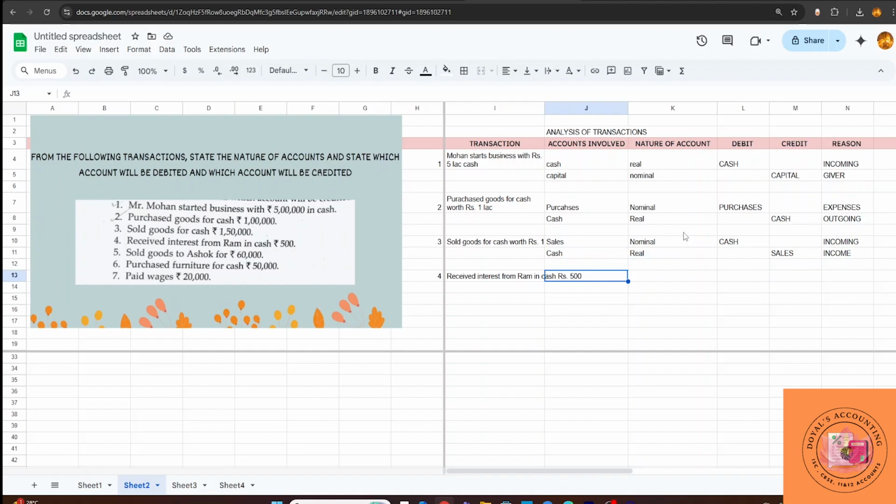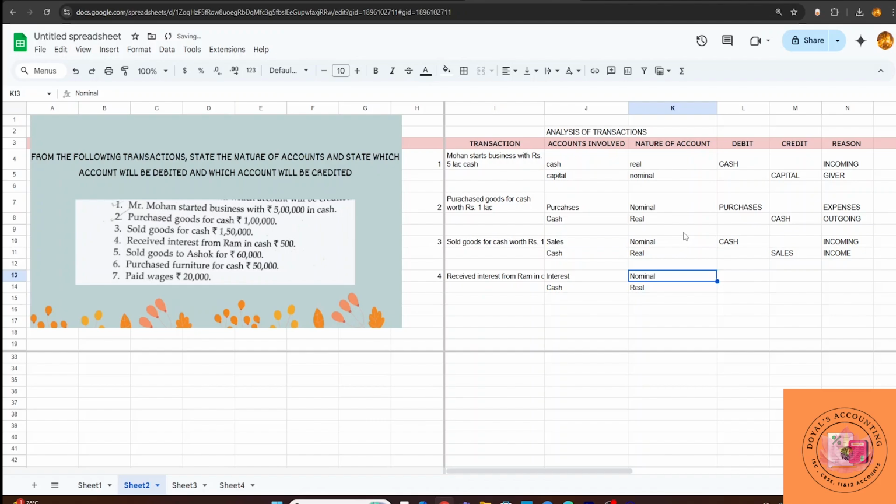So, what are the accounts involved here? Interest and cash. Ram will not be considered in this case. Interest is a nominal account and cash is a real account.